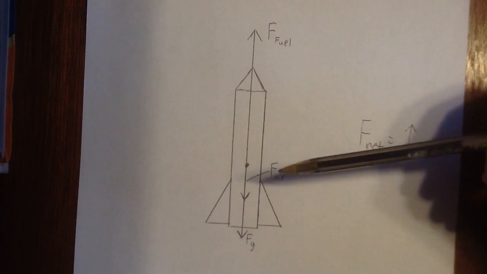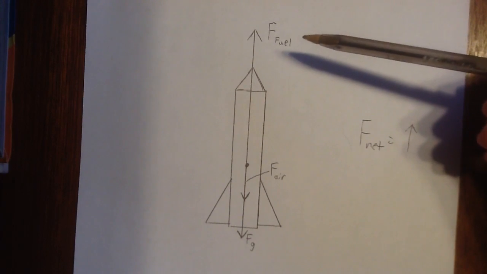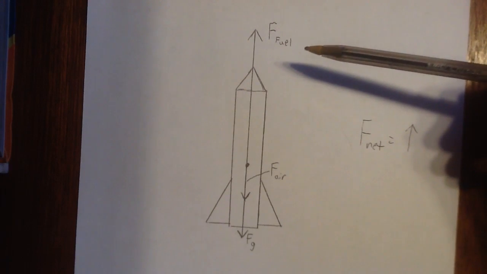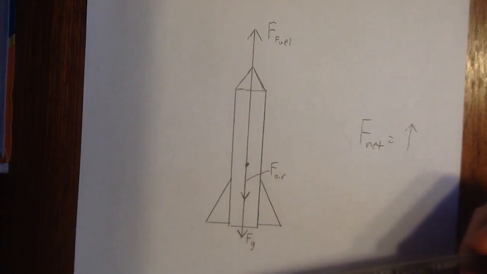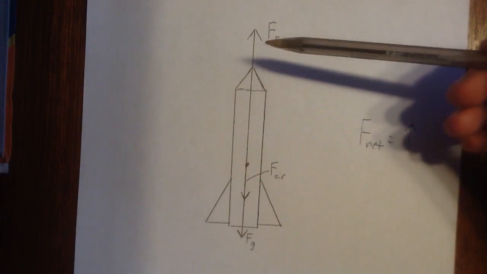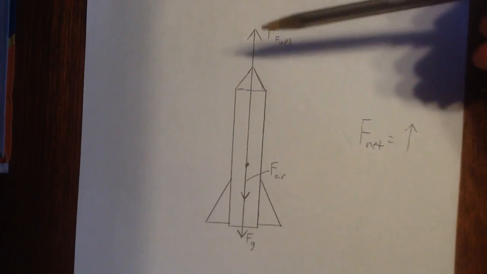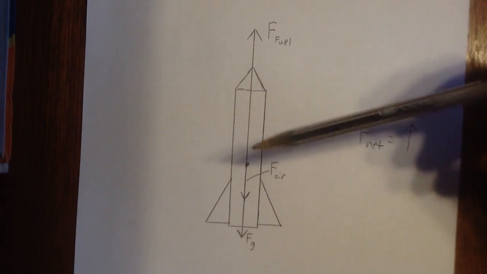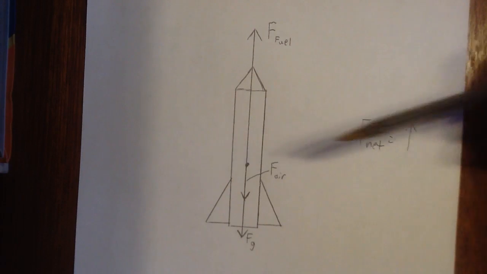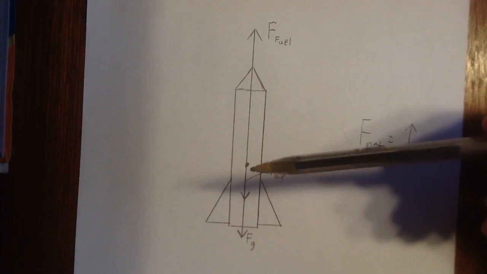So, with the fuel burning, the opposite reaction from Newton's every action has an equal and opposite reaction will be the force of the burning gas, which will be coming out of here. This is what acts as this force here, propelling the rocket forwards. So taking all these into account, since rockets obviously go upwards, as we showed during that launch, the net force is up, very up, to space up.